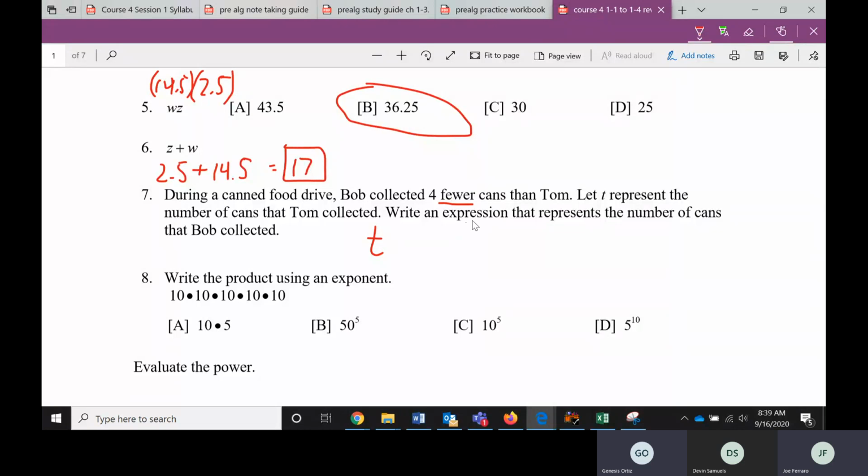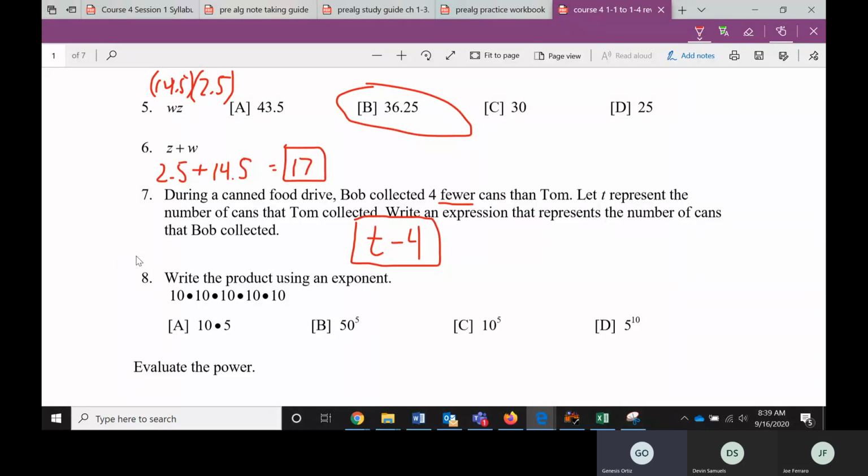So if Tom had 10, Bob would have 6 because it's 4 fewer than 10. But now Tom just has T. So we do the same thing. Instead of 10 minus 4 equals 6, we just say T minus 4. We don't know the answer until they tell us what Tom has. So this would be your answer to number 7.